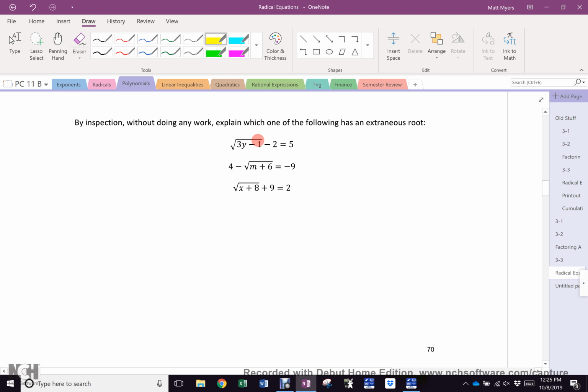Because you should be able to look at those, and in your head, you should be able to say which, if any, of those 3 has an extraneous root. Okay? It might be 1, it might be 2, it might be 3. If you can't do it, listen to me. It will cost you 1 mark. Do you think that matters?